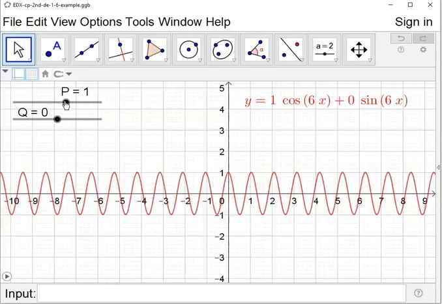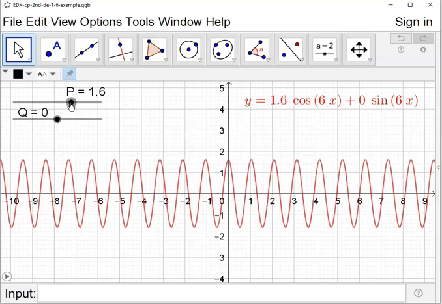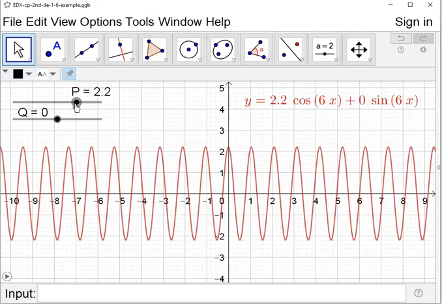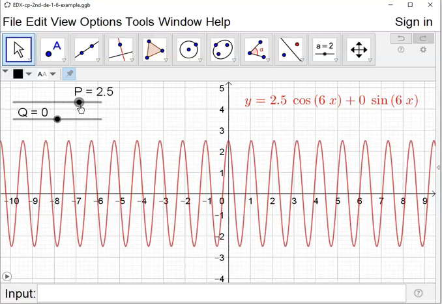So at the moment I've set p equal to 1 and q equal to 0, so we're looking at the solution y equals 1 cos 6x. Notice, keeping q as 0, if I change p, then I'm changing the amplitude of this cosine wave, which is symmetrical in the y-axis.